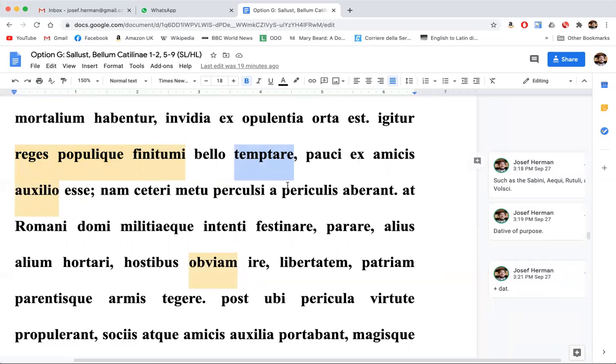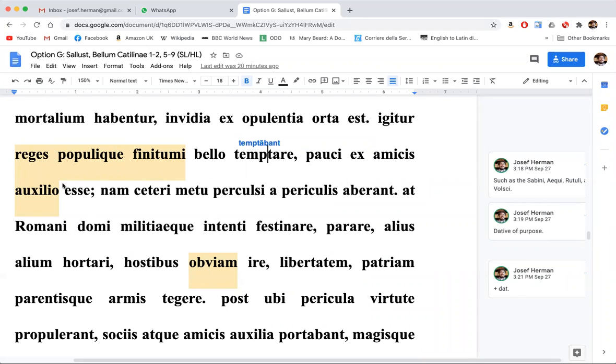Now, temptare means were testing them. So it's an infinitive, but this is a use of the infinitive that we call the historic infinitive, which means that you translate it like an imperfect tense verb. So imagine that instead of temptare, it's temptabant.